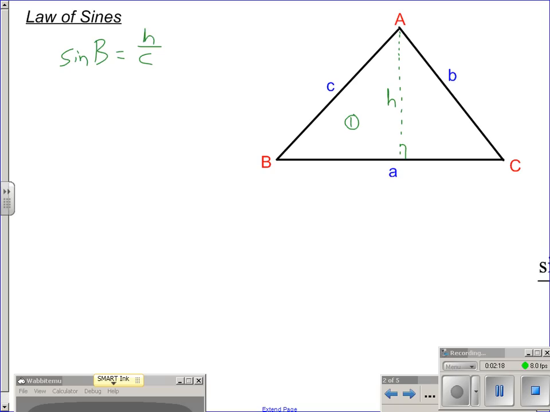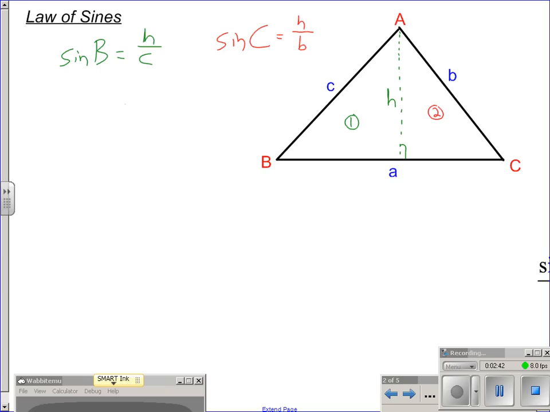But if we look at right triangle number 2 and take the sine of angle C, that would equal the opposite side, H, over the hypotenuse, which would be B. Both of these have that common side H.